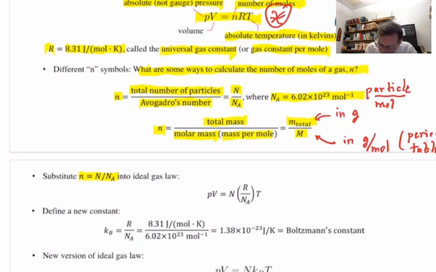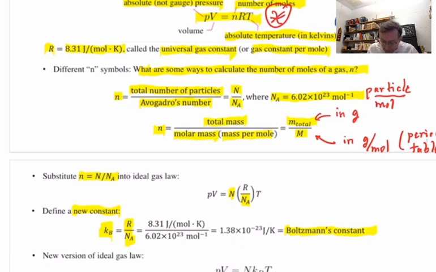And I did that here, and I did a little grouping, but there it is, big N over big N sub A. And I did the grouping that way because the gas constant per mole, R, and Avogadro's number, N sub A, are both basic constants. So we can just take those two divided by each other and define a new constant, symbol K sub B. Name Boltzmann's constant, after an Austrian physicist in the 1800s.